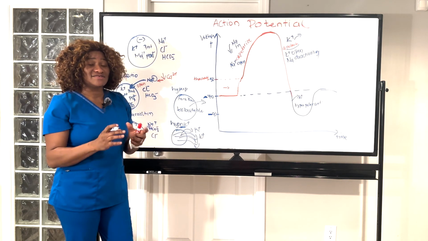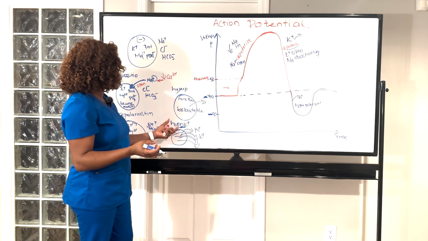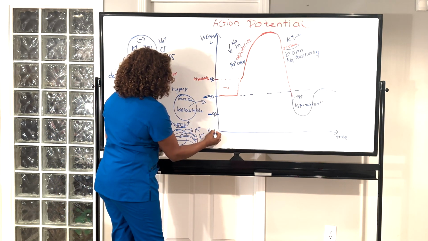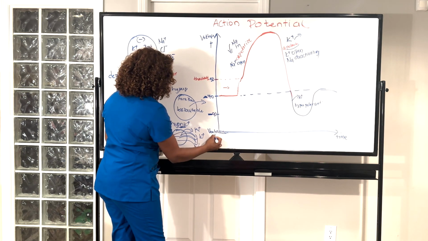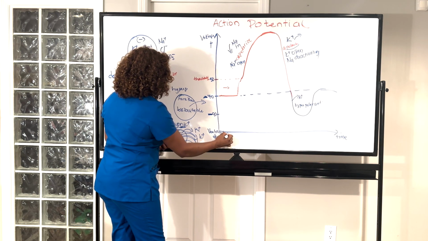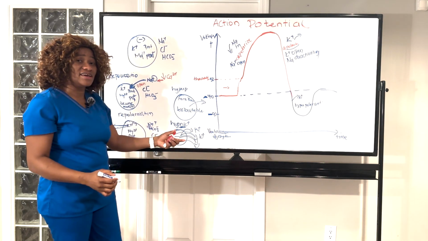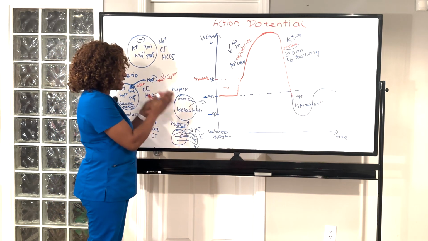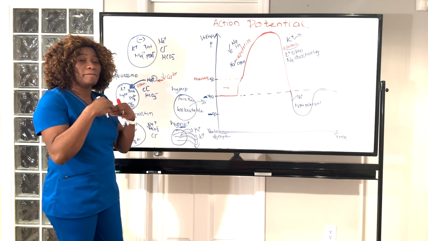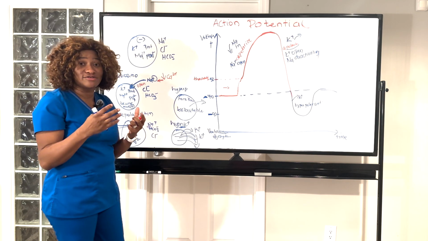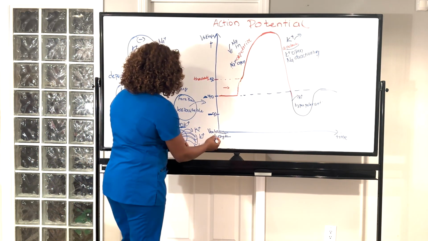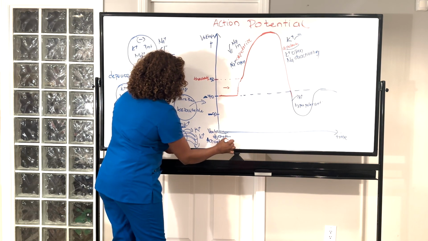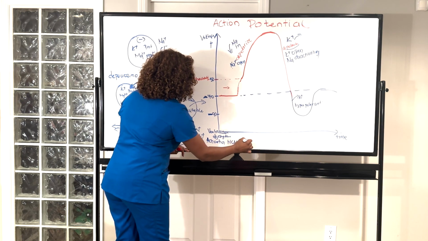But if we notice during our EKG, if a patient has hypokalemia, we're going to have ventricular dysrhythmia. Ventricular dysrhythmia happens in hypokalemia because when the cells are hyperpolarizing in the myocardium, in the muscle cells of the heart, we're going to have an activation of the HCN channels.